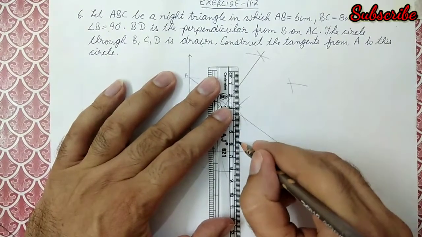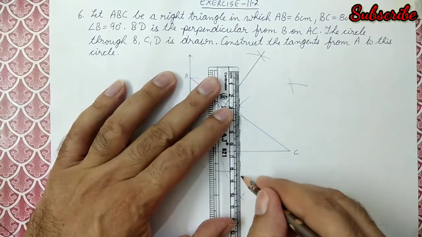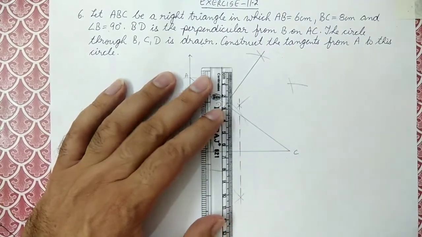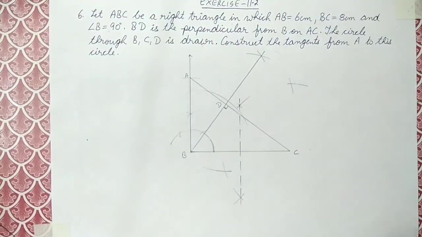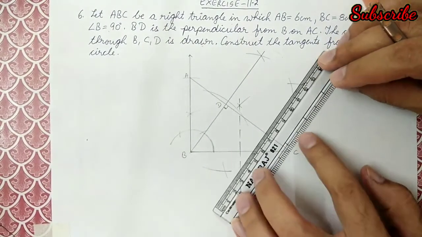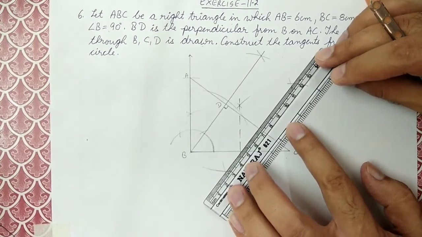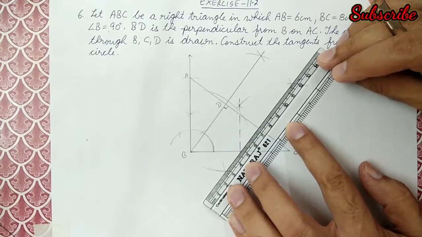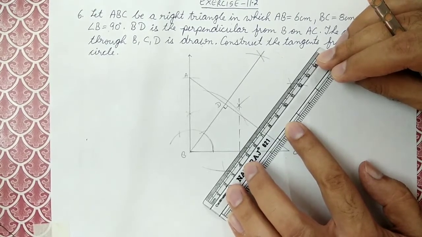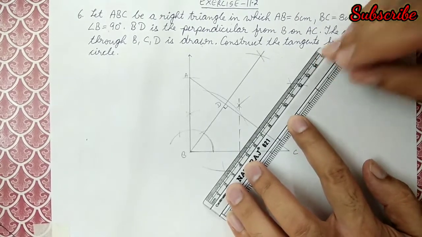Let me tell you one more thing. In case of a right angle triangle, the 3 perpendicular bisectors of the sides meet at the midpoint of the hypotenuse. So if you see carefully, triangle BCD is a right angle triangle because BD is a perpendicular from B on CD.